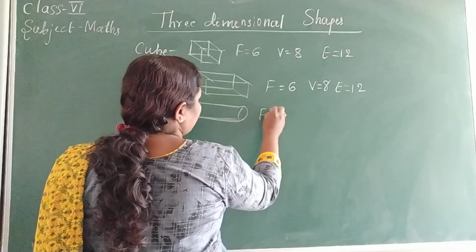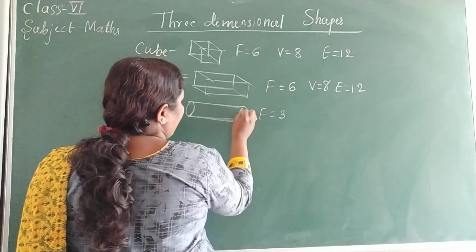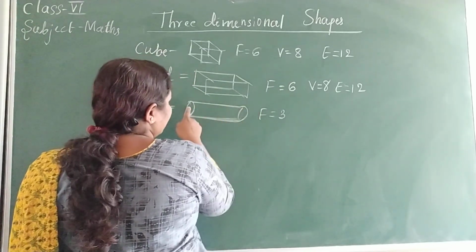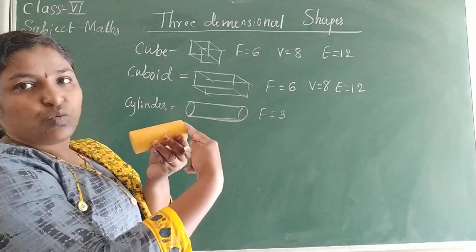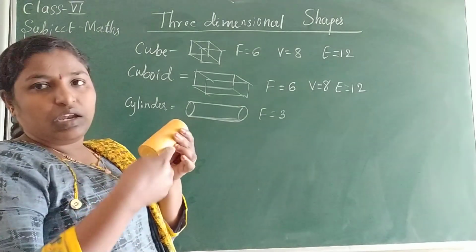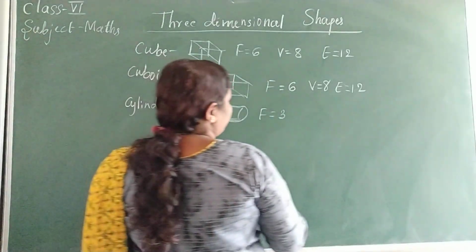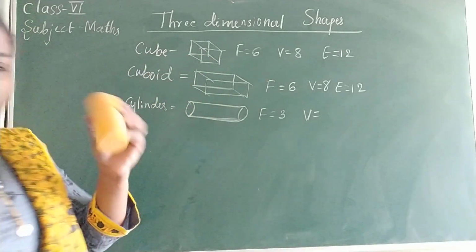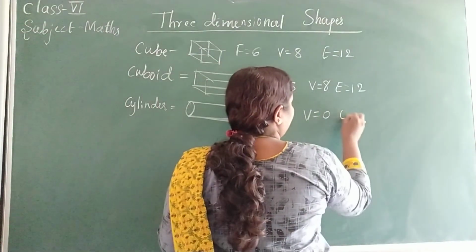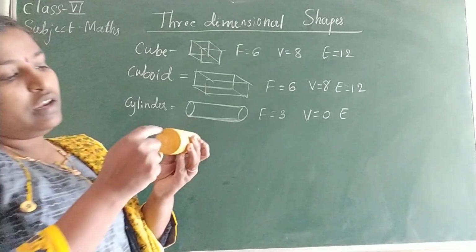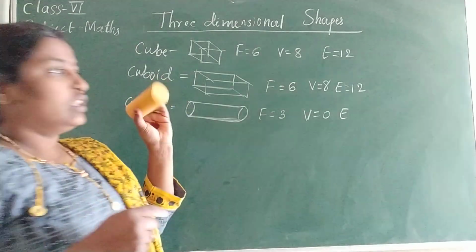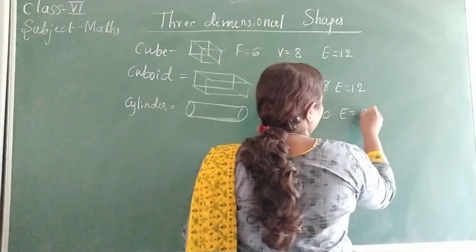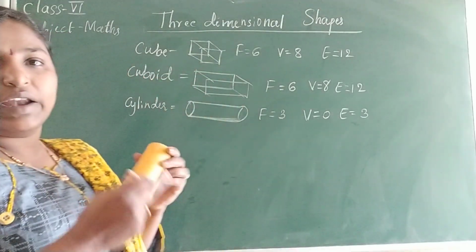It has 3 faces: this is 1, this is 1, and this is one circular surface. So 3 faces. Vertices: here no vertices, 0. Then edges: 1, 2. There are 2 edges.